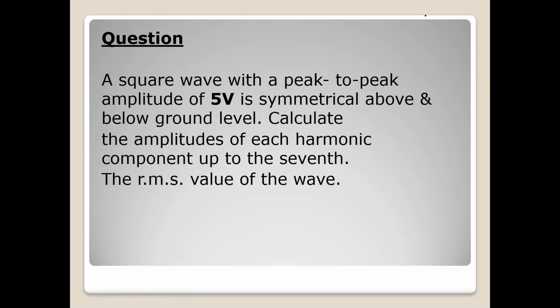So we have a square wave, peak to peak, 5 volts. Symmetrical above and below ground. Calculate the amplitude of each harmonic up to the 7th. And the RMS value of the wave. Everybody have this? Okay.